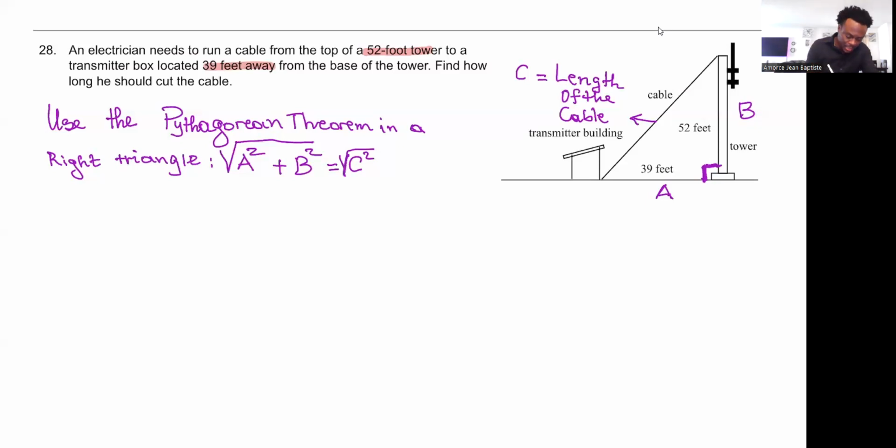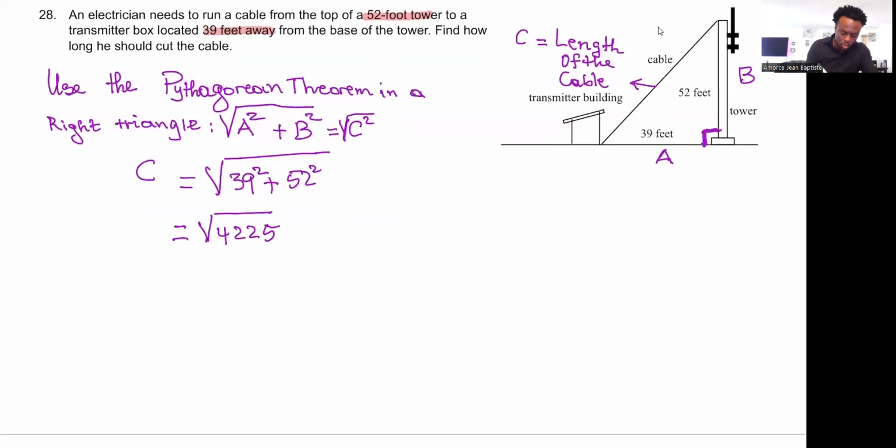So I'm going to have C, because I took the square root, equals the square root of 39 squared plus the B value 52 squared, which is equal to the square root of 4,225 when you do it.